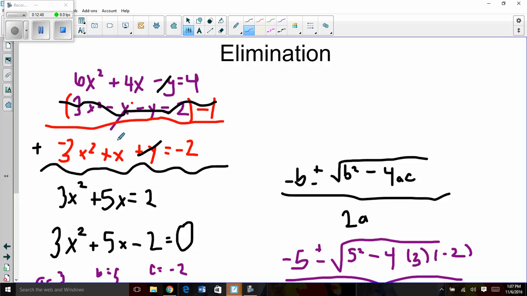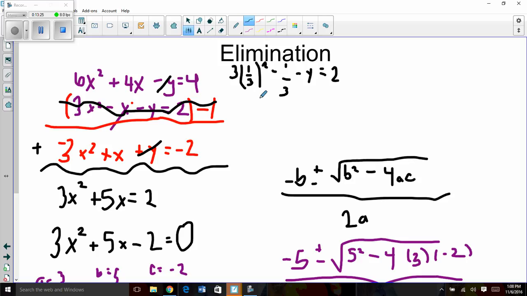You can pick either one. I'm going to pick the one that we crossed out because it looks a little bit easier. So we'll plug in 1/3 first. So 3 times 1/3 squared minus 1/3 minus y equals 2. This is kind of gross. 1/3 squared is 1/9.